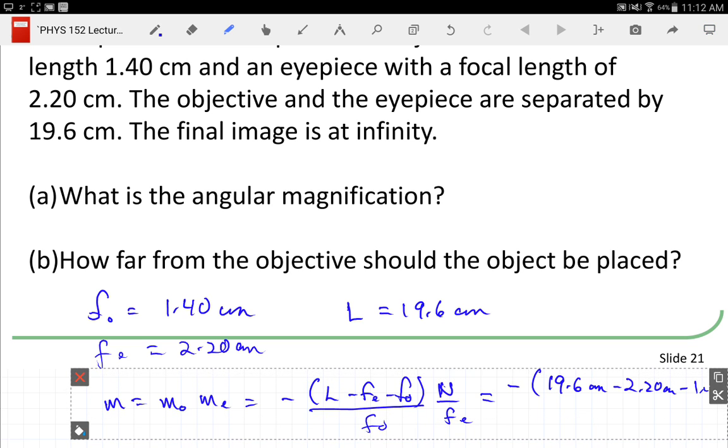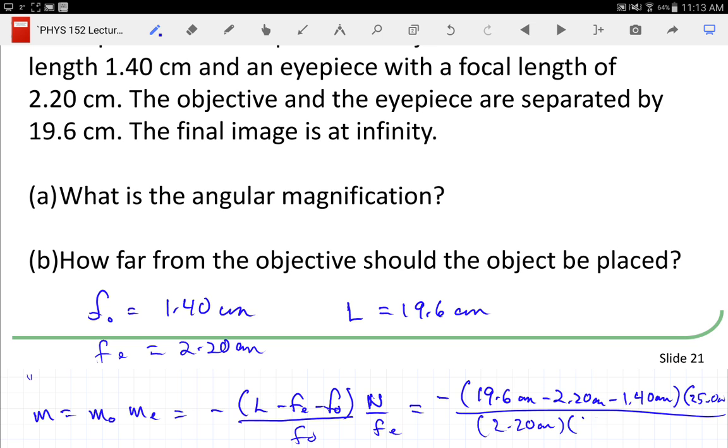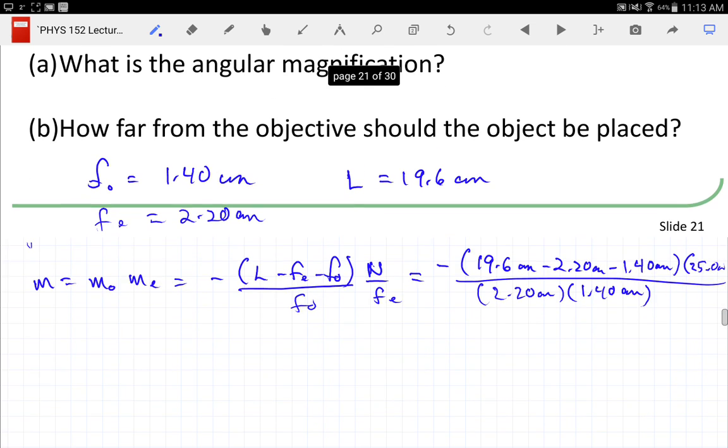I don't think you can see that I didn't choose a big enough area. And so you multiply that through, and what do I get for that magnification total?